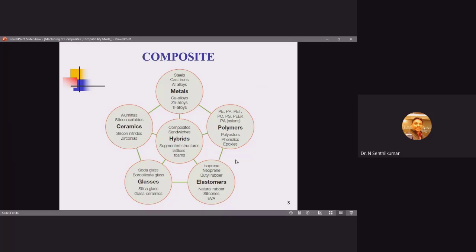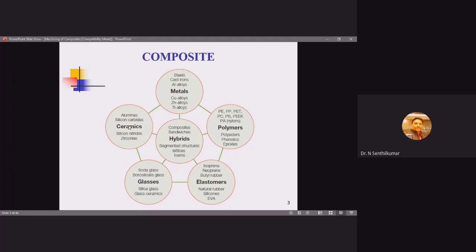That's why we will be consistently telling for what kind of application you are going to produce that composite. That is very, very important. These elastomers are specifically useful for producing gaskets and washers that can be used in high temperature applications. For this, what type of reinforcements has to be used so that its property will be enhanced?